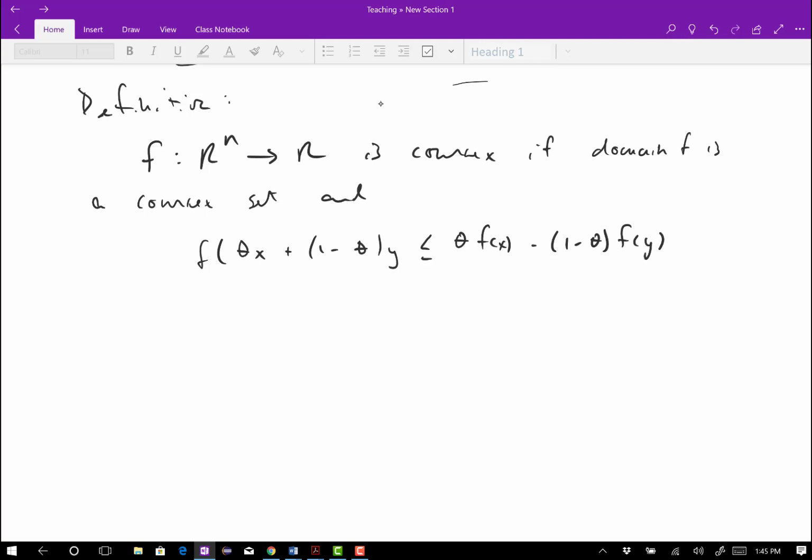Notice that here, on the left-hand side, this is a convex combination of x and y. And here what we're saying is that we are evaluating the function at a point on a line segment between x and y.